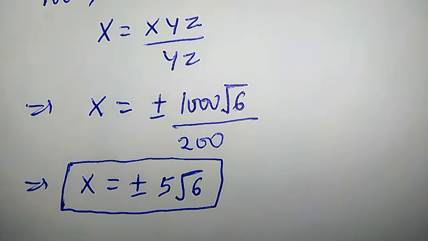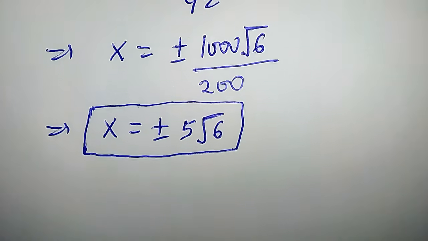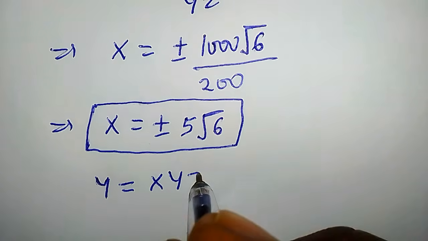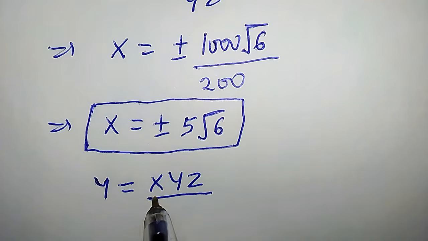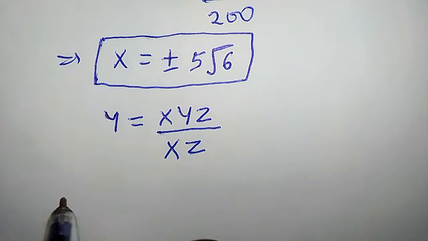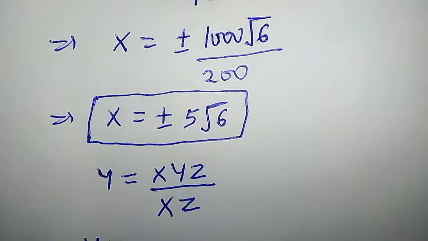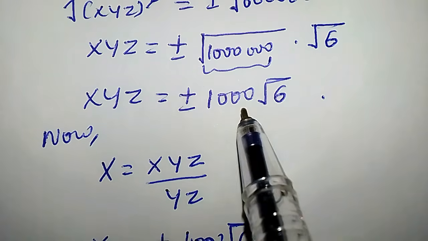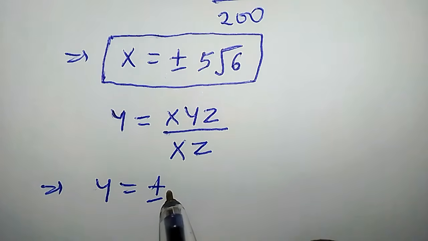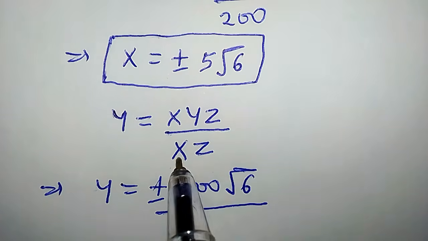This is the value of x. Take note of it. Similarly, as we did for x, let us do the same thing for y. y is equal to the product of xyz divided by what? That would be x and z, xz. This implies that y is equal to, what is xyz? That's exactly what we have here. Plus or minus 1000 times square root of 6 divided by xz is what?